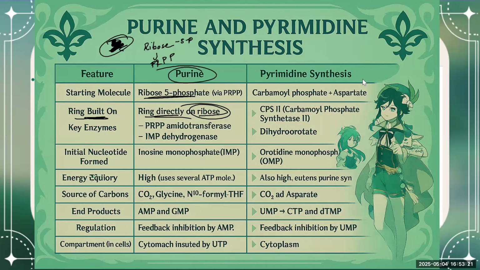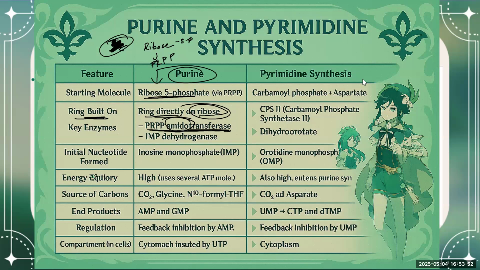All right. The key enzyme is PRPP amidotransferase. Do you remember where this was used? You're transferring an amino group to PRPP, so you're making phosphoribosylamine. And then we skip a bunch of steps, and then you have IMP.